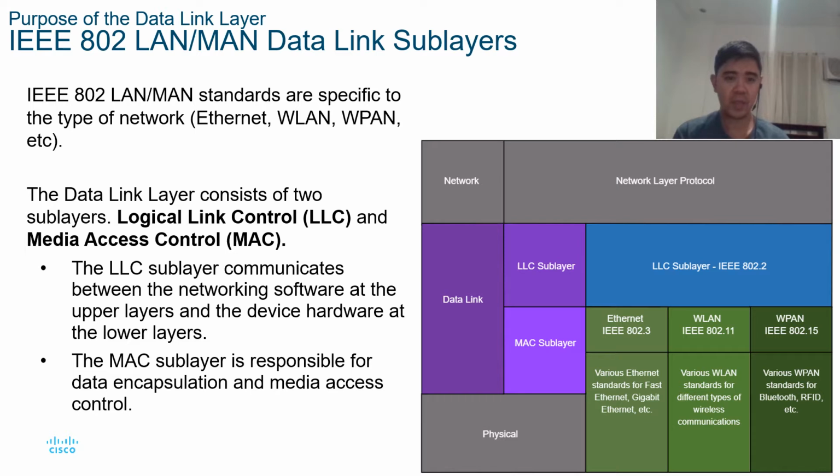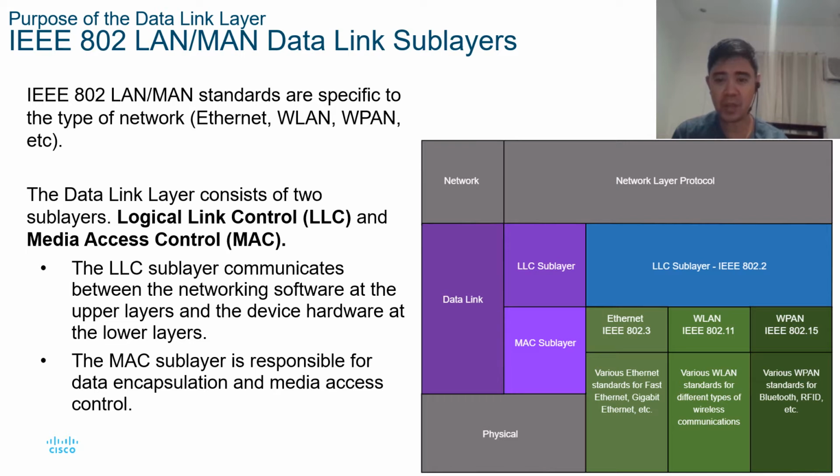IEEE has standards in relation to the data link layer. As I mentioned, the data link is in between the physical and network layers. So what IEEE did is divide the data link layer into two sublayers, LLC and MAC. LLC is on top.